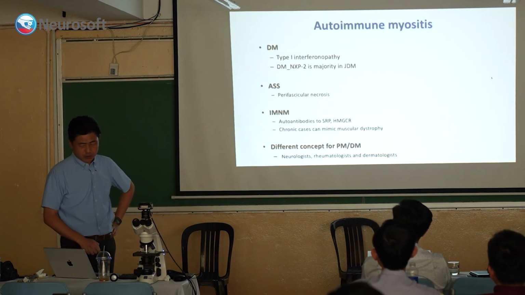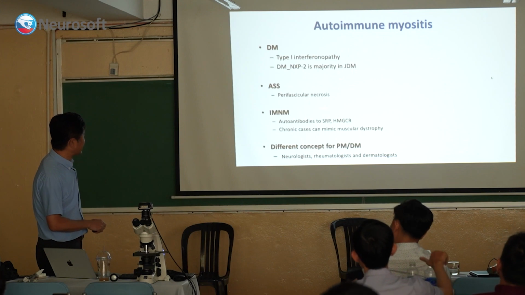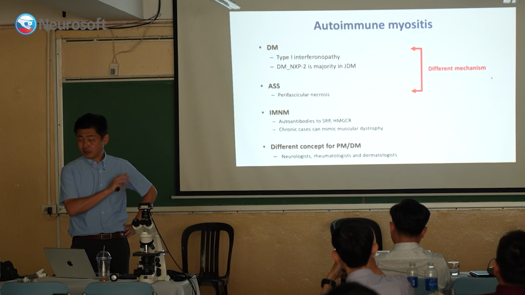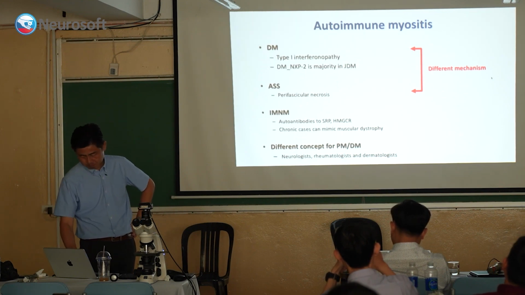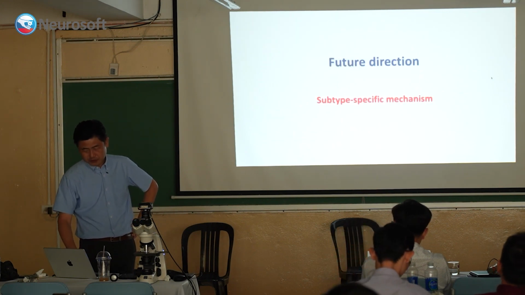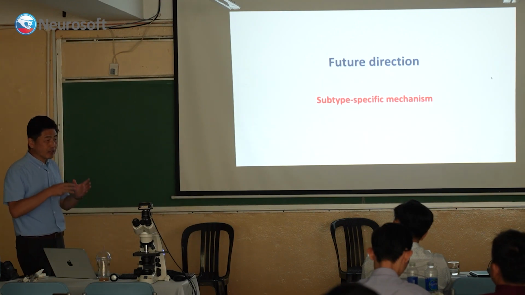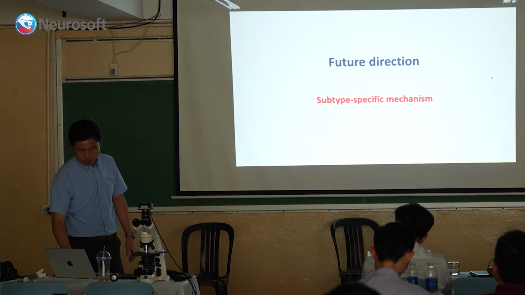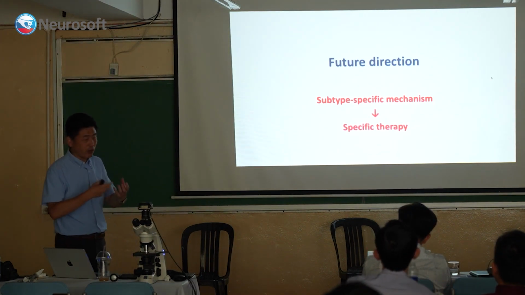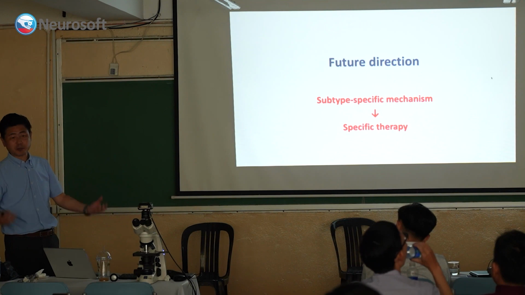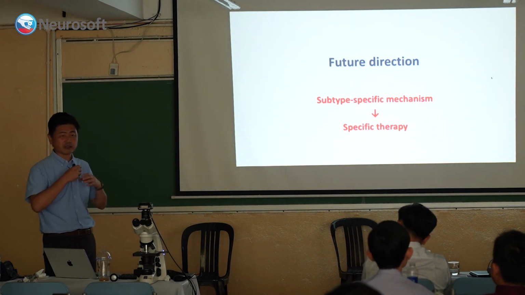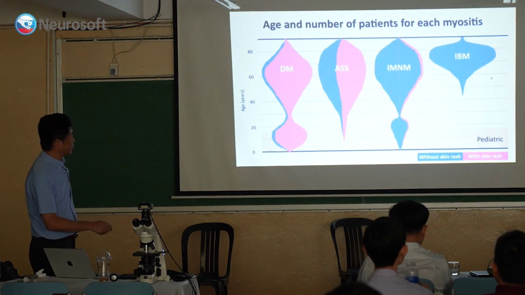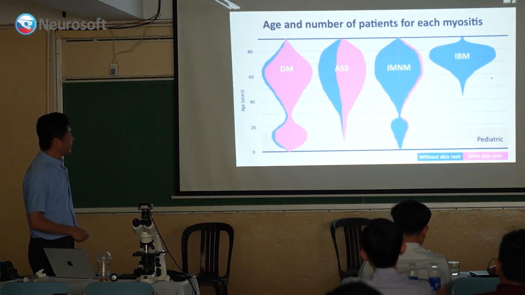Okay, so again, dermatomyositis and antisynthetase syndrome, they have different mechanisms. They are different diseases, right? So future direction is, I think there must be subtype-specific mechanisms. So understanding the mechanism is very important. Based on the specific mechanism, probably specific therapy will be developed, not just steroid.